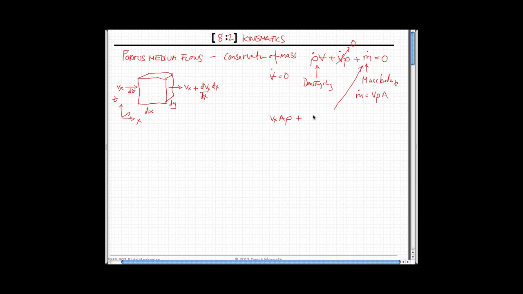And on the downstream area, we have the velocity in the x direction plus a change in velocity, right? Times an area times density, and that equals what we're going to call mass flow rate.